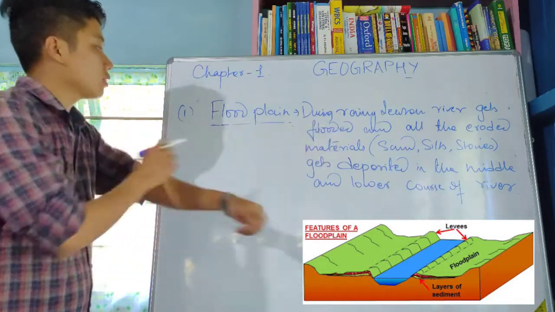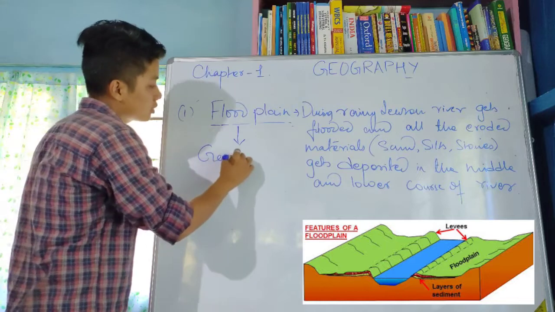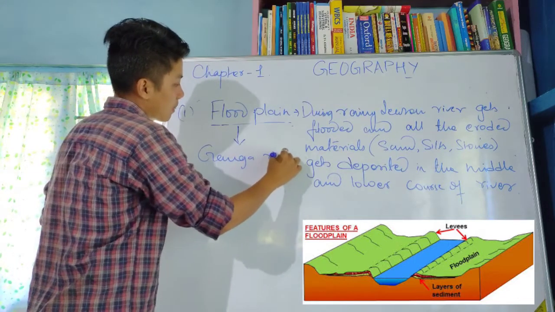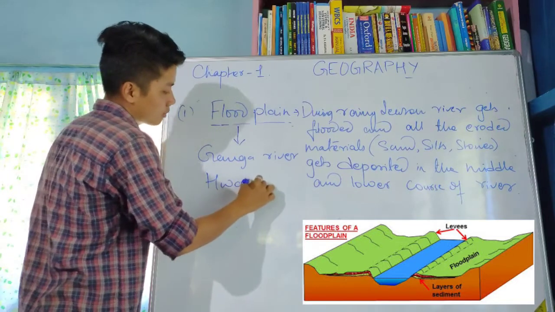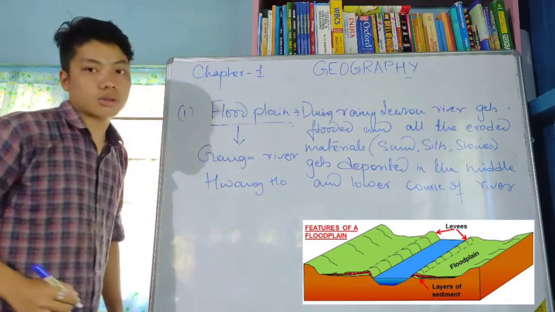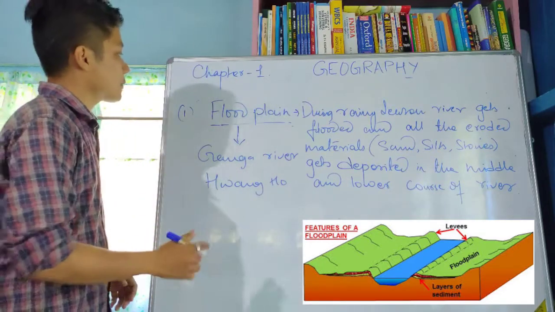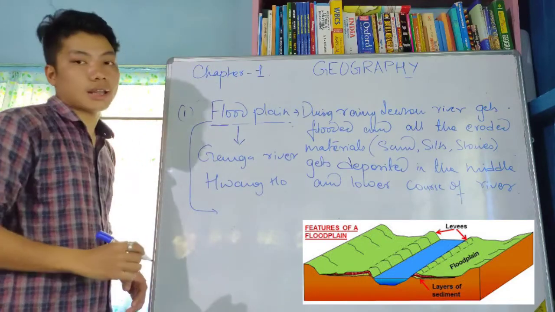For example, we can see floodplains in the middle course of the Ganga river, the Hwang Ho river in China, and the Yangtze river. There are lots of examples. Floodplains are very fertile in nature.